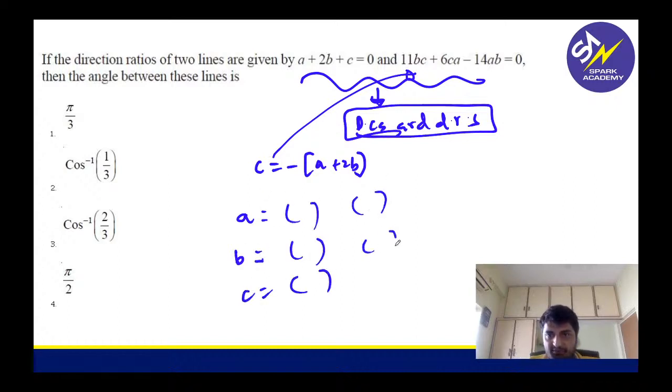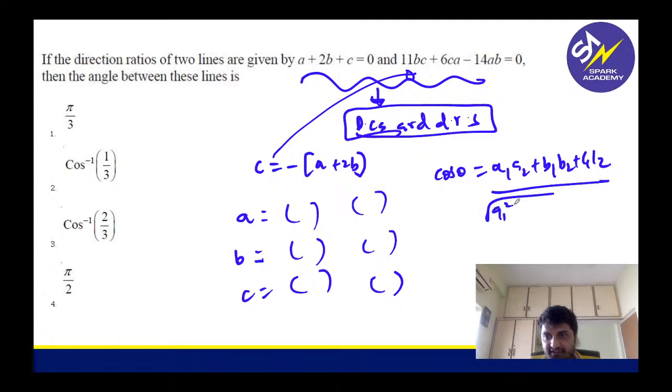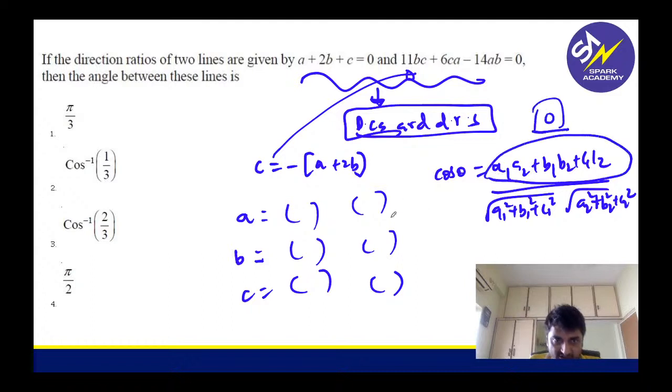You can use the formula A1 A2 plus B1 B2 plus C1 C2. You remember, right? Cos theta is (A1 A2 plus B1 B2 plus C1 C2) by under root of A1 square plus B1 square plus C1 square, under root of A2 square plus B2 square plus C2 square. If you multiply and add this portion, I think you are getting 0. So I think the answer will be the fourth option, pi by 2. Very simple DCs and DRs. So this will also be a round 1 question, guys.